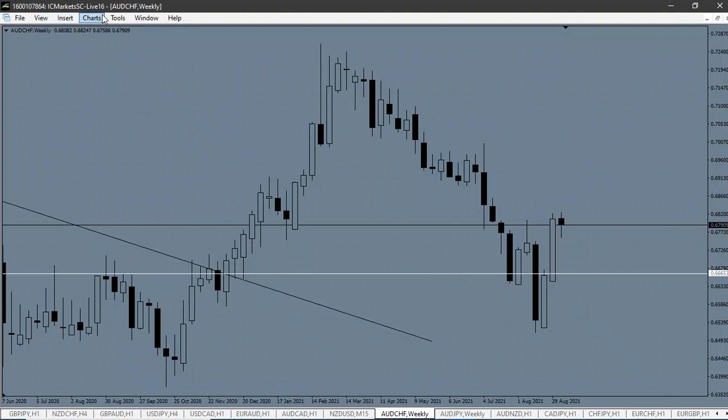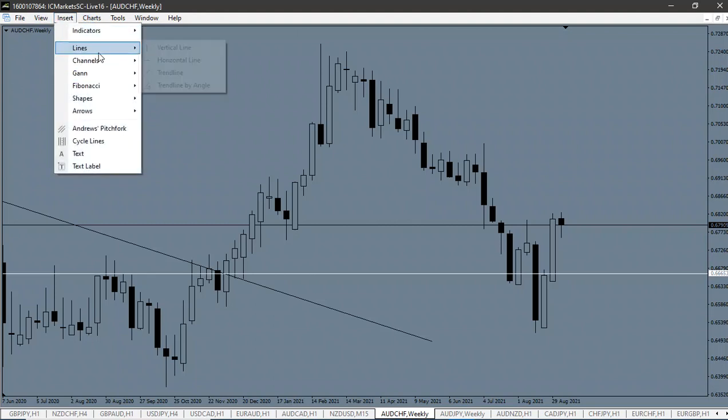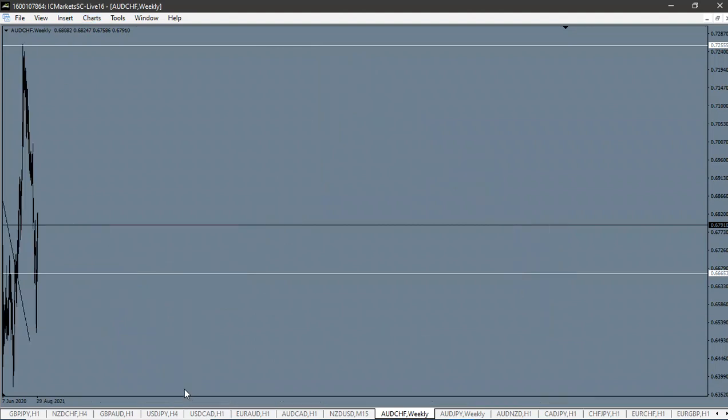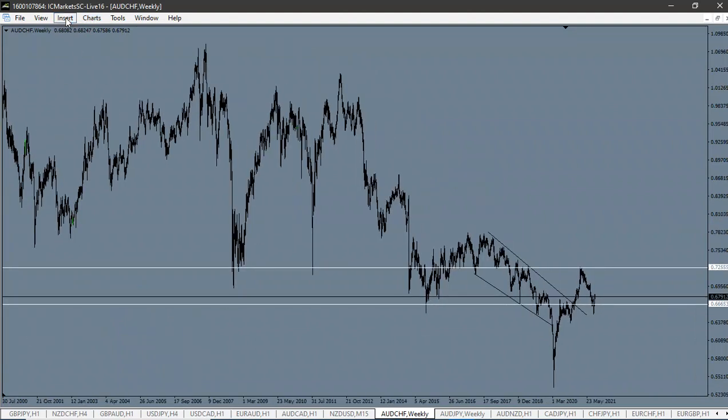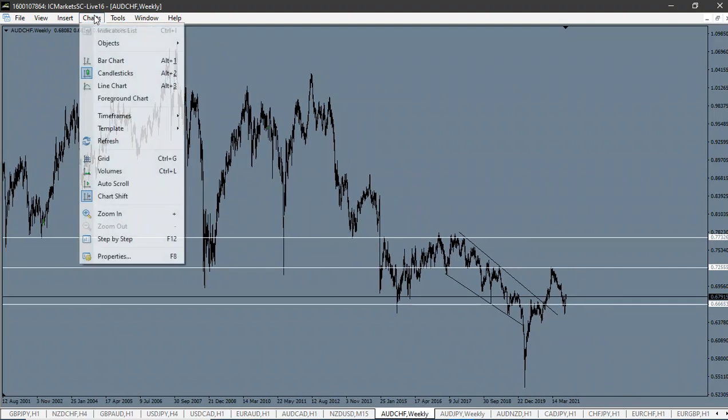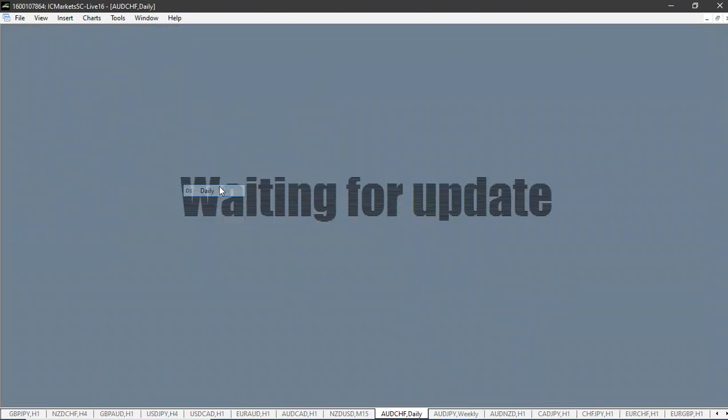But first, let us mark our areas. This is our area here, and another area right here, an area right there. So now let's go to the daily time frame.